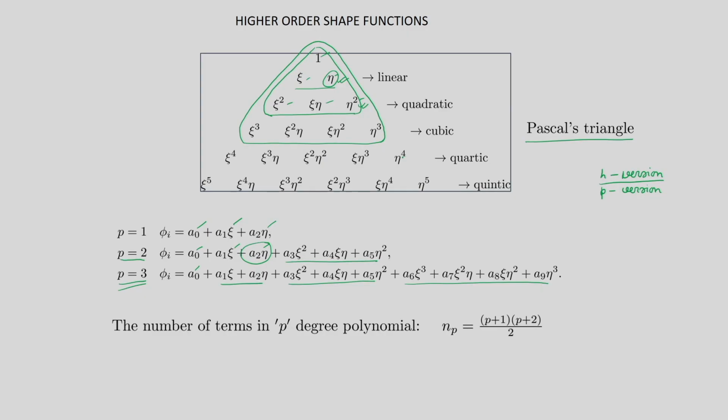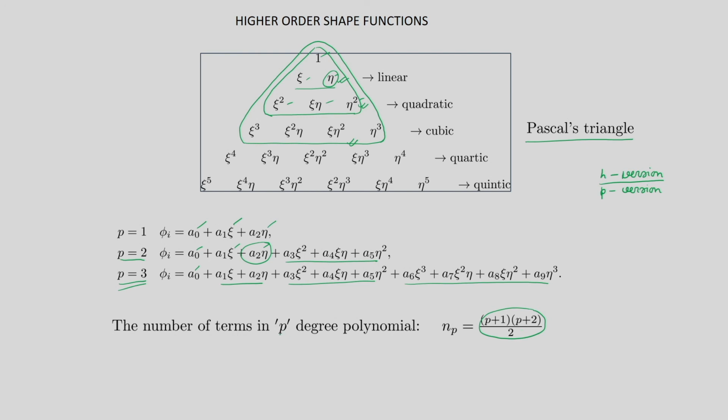Now as you see, in a given row we have p plus 1 terms. If we go to pth degree polynomial, then in that row we have p plus 1 terms, because for quadratic we have 3 terms in that row, and for p equal to 3 we have 4 terms. So if we add all the terms from 1 to p plus 1, we have a total of (p plus 1)(p plus 2)/2 terms.